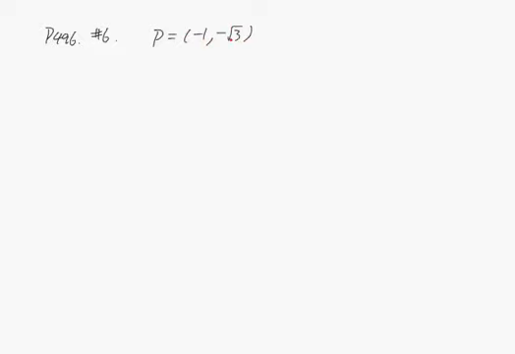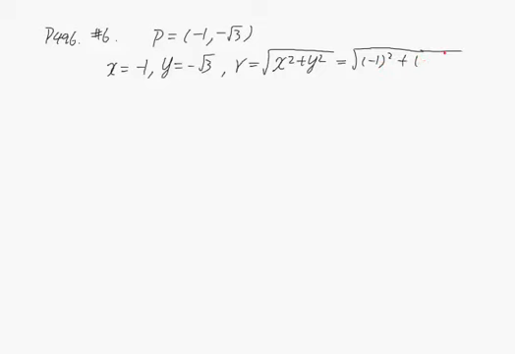R is equal to the square root of x squared plus y squared, and this is equal to the square root of the square of negative 1 plus the square of negative root of 3, which is the root of 4, so that is equal to 2.